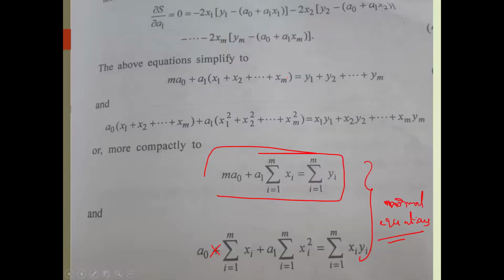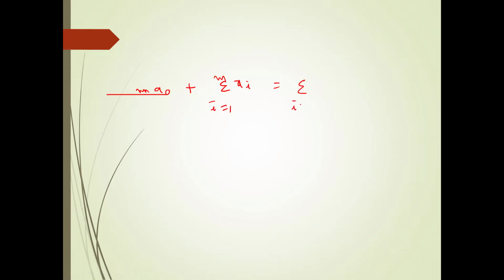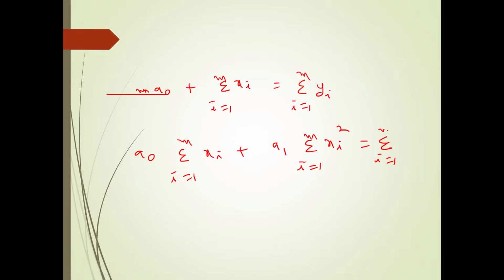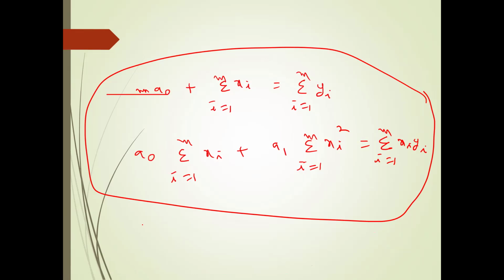They are m a naught plus sigma xi equal to sigma yi, and a naught into sigma xi plus a1 into sigma xi square equal to sigma xi yi. Remember these normal equations; to do the problems, you have to remember this formula.